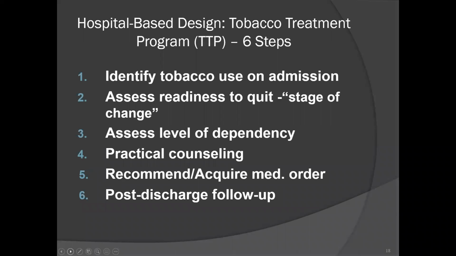Offer and facilitate practical counseling. Recommend or require the medication order, if medications are deemed to be potentially helpful, which many times they are. And then the post-discharge follow-up. How you doing? And if you did relapse, it's not a punitive thing. It's what can we do to get you back on the wagon here.